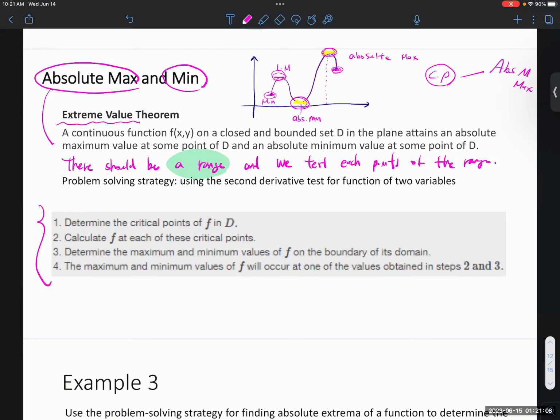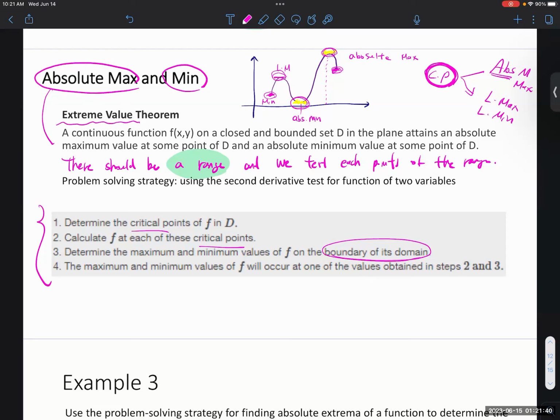Critical points can be local max and local min. Sometimes they could be absolute max and min, but how do we know that? Finding critical points is very important, but you need to consider the boundary of the domain, the range of possible x. So let's take a look at that example.